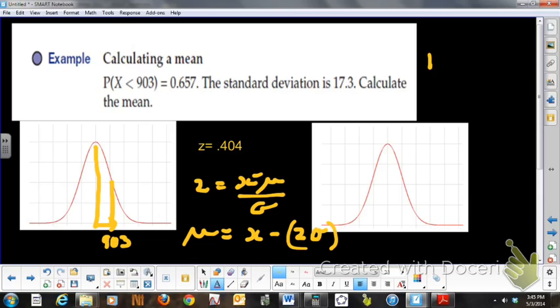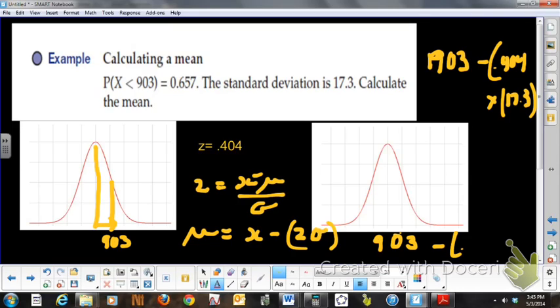The mean is 903 minus, and we know what Z is now, 0.404 times the standard deviation of 17.3. So we have 903 minus 0.404 times 17.3. It's a little hard to see, but you get the idea. And you work that out.